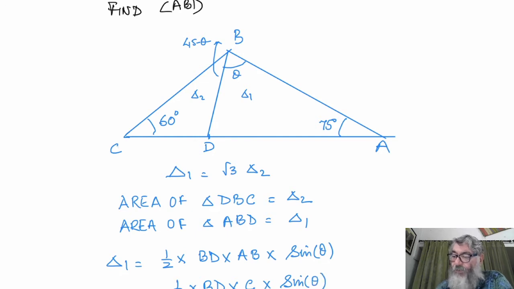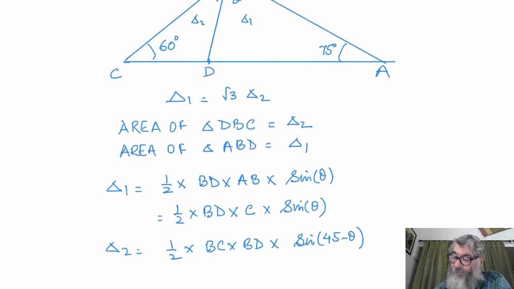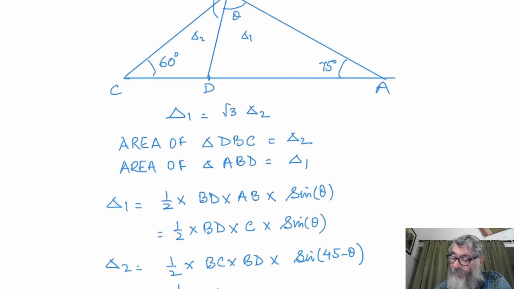Delta 2 will be half into BC into BD into sine of 45 minus theta, and BC means A. Now let us equate according to the relation.